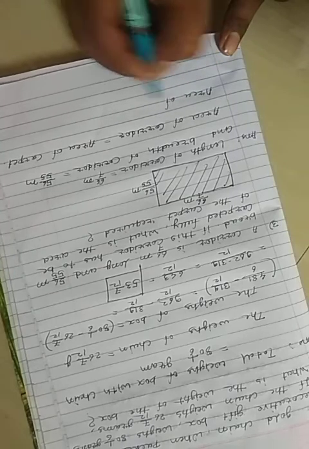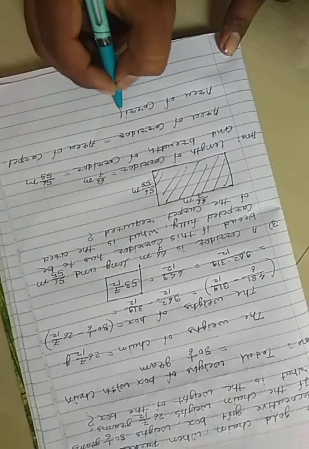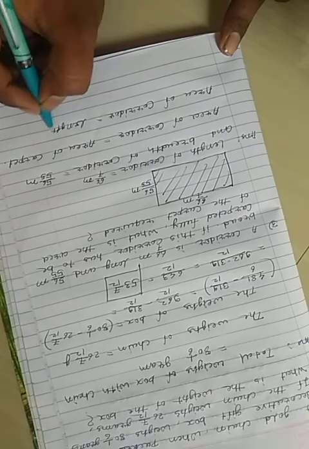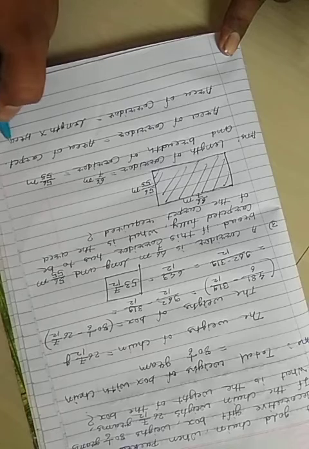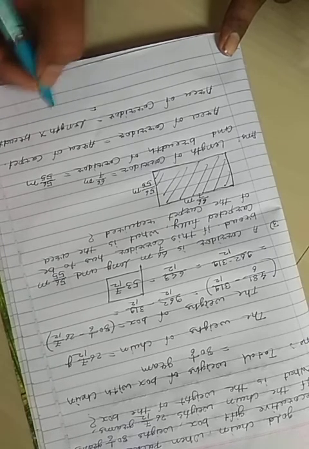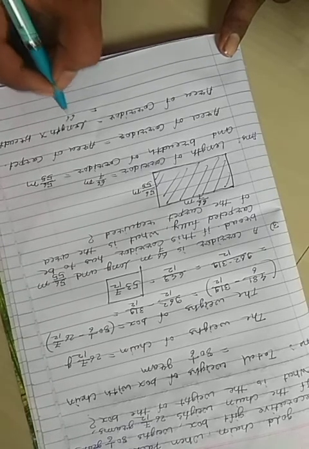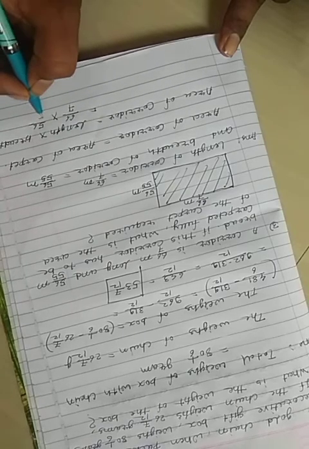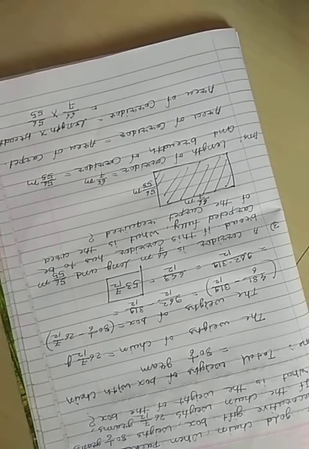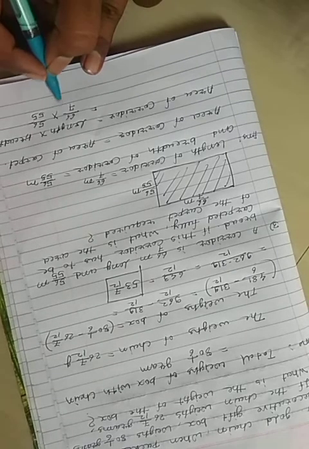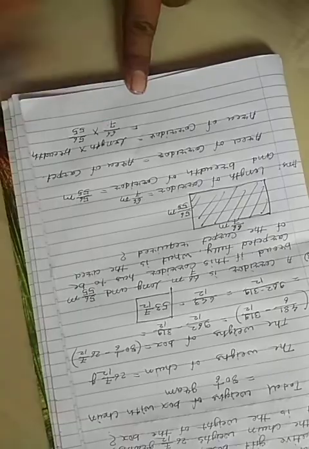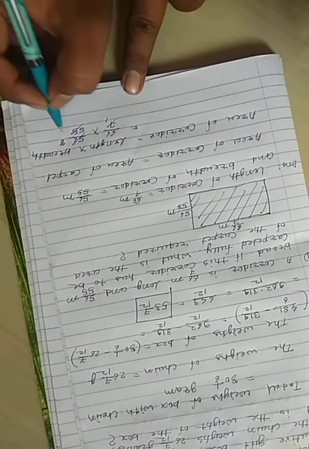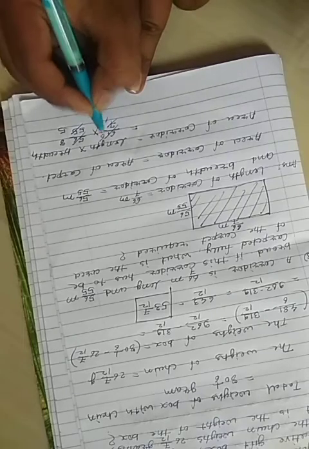Area of corridor is length multiplied by breadth, as it is a rectangle. We will substitute the values: 66 by 7 multiplied by 56 by 55. So here can we simplify? Yes, we can simplify student. Cross division we can perform: 7 1s are 7, 7 8s are 56, 11 5s are 55 and 11 6s are 66.